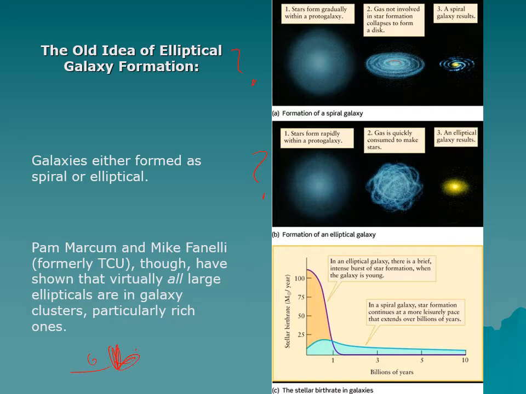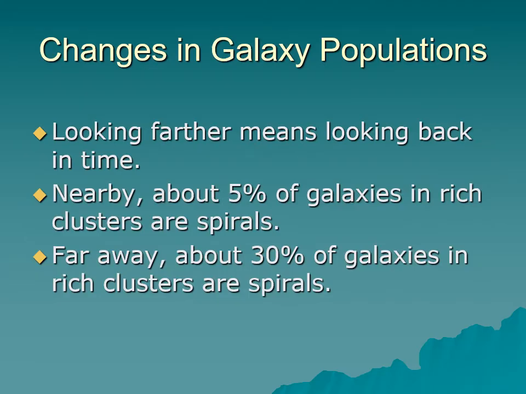Now, there were a few that acted like they might have formed directly into ellipticals, so that does probably still happen. But the other thing we do is look farther and farther back in time, since farther away is backwards in time. When we look at galaxy clusters farther and farther away, we notice something different.